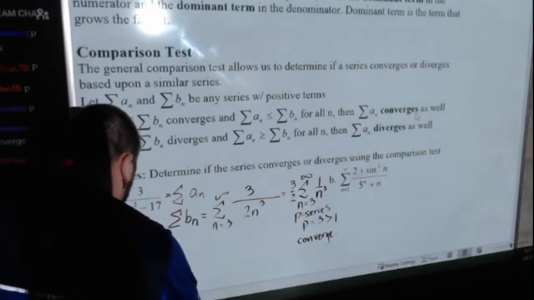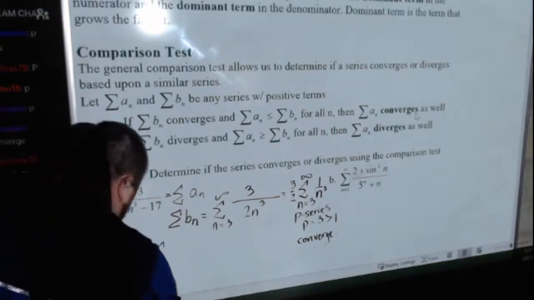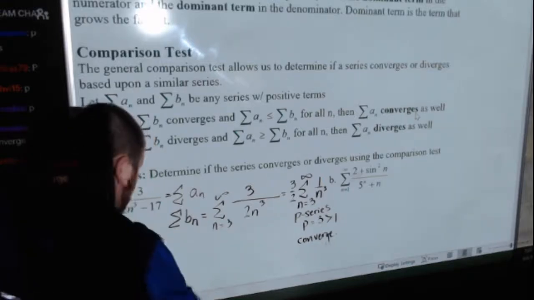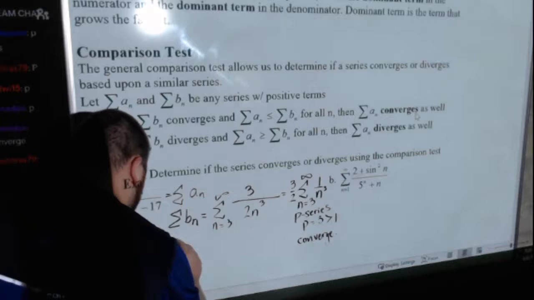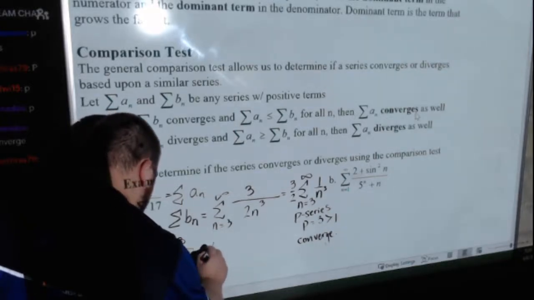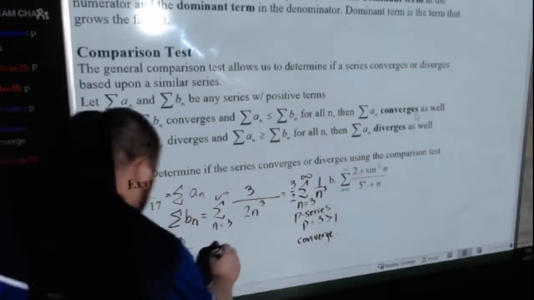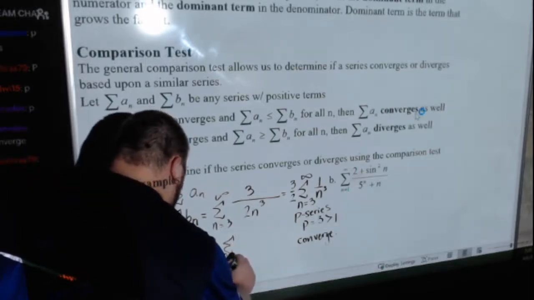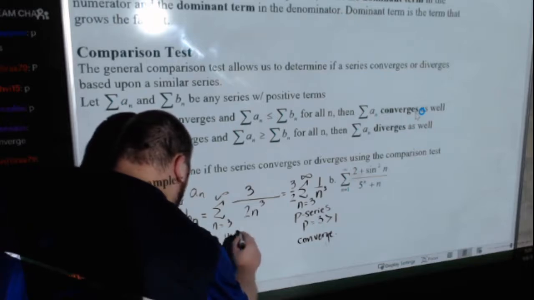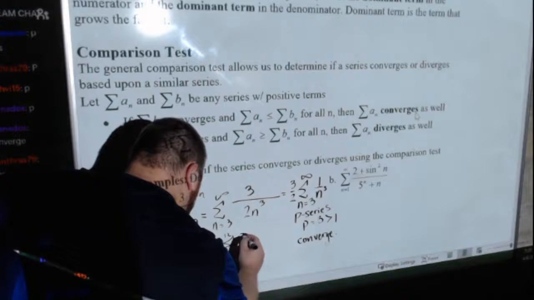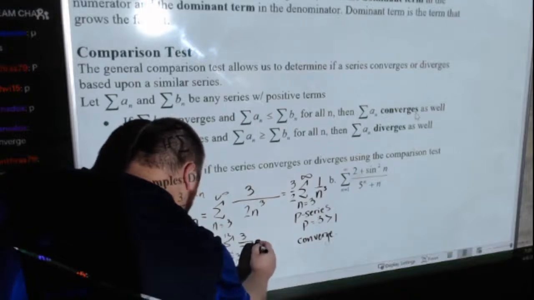So this sum starts at 3, and we're going to go to 12. And that's 3 over 2n cubed minus 17, less than or equal to the sum from n equals 3 to 12 of 3 over 2n cubed.